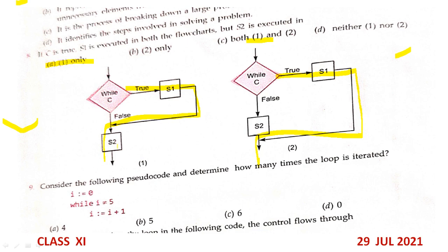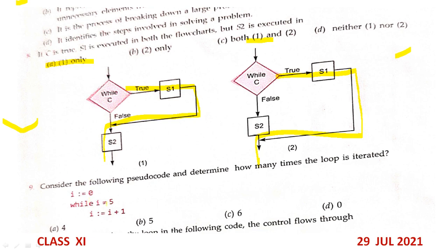Next, consider the following pseudocode and determine how many times the loop is iterated. This is the concept of loop, whether 4 times or 5 times or 6 times or 0 times. Let us see. Suppose I is equal to 0, while I is not equal to 5, I equals I plus 1.